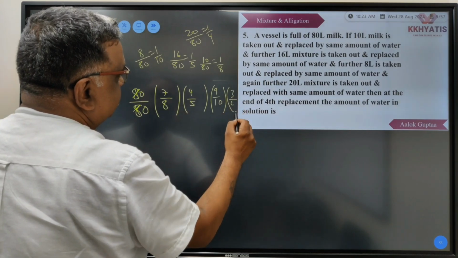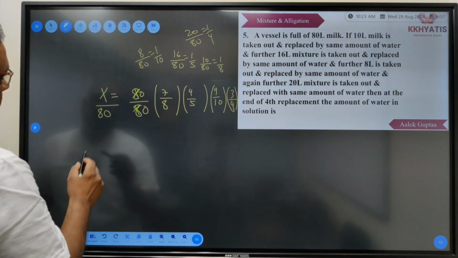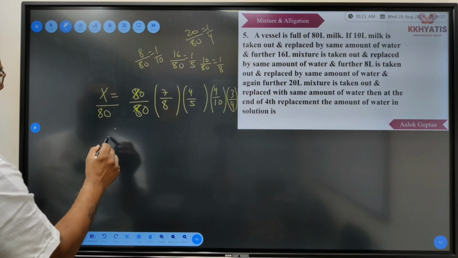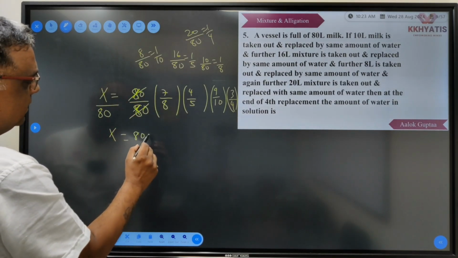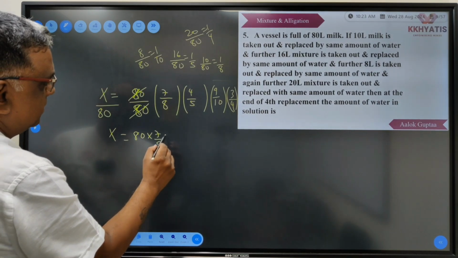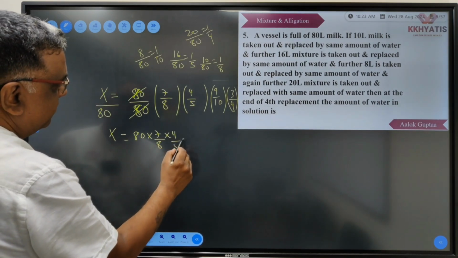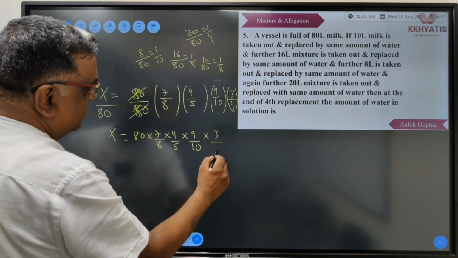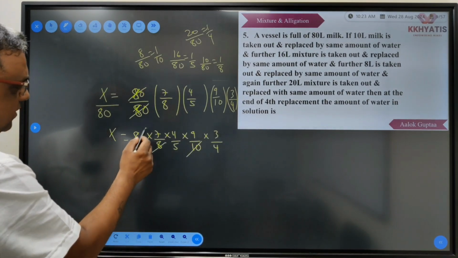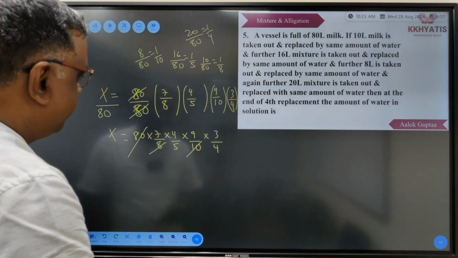So final quantity X would be, this would get cancelled, this 80 would go there, into 7 by 8, into 4 by 5, into 9 by 10, into 3 by 4. So this 10, 80 will get cancelled completely with this.